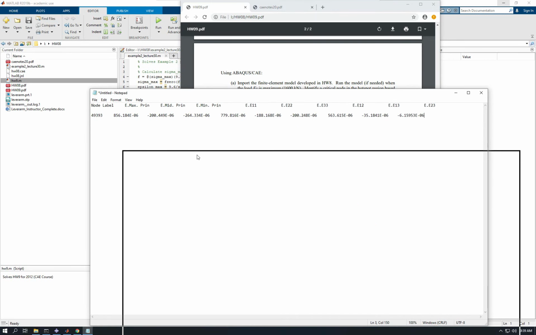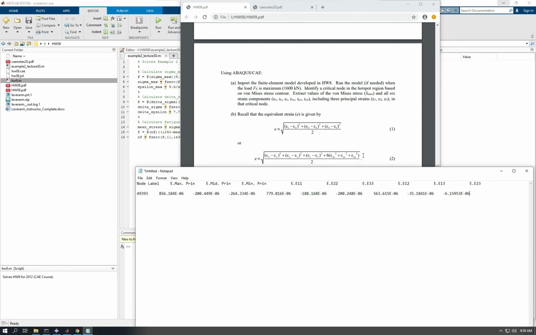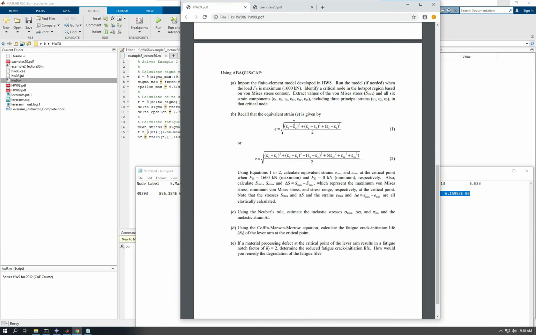Just know something, that these are tensorial strains, the ones for the shear. Abaqus gives you engineering strain, so you have to divide these 3 by 2 if you want to put them here. So your better option is to just go with this one.